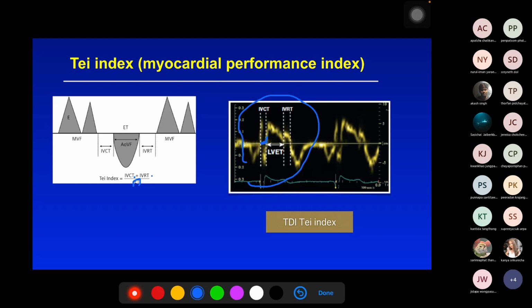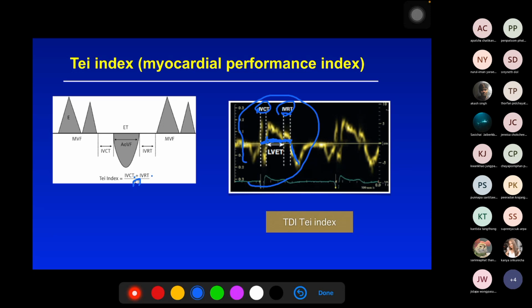The IVRT starts from the end of the S prime to the initial of the E prime. This is the IVRT, the isovolumetric relaxation time. You add both of these and divide by ejection time. Ejection time is the duration of the S prime velocity.